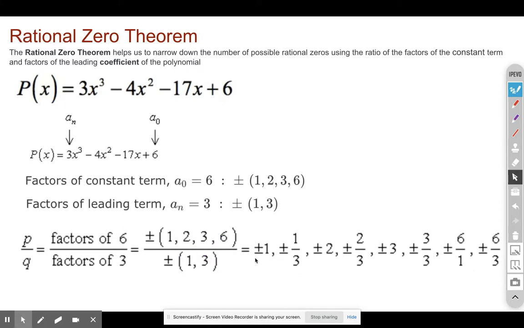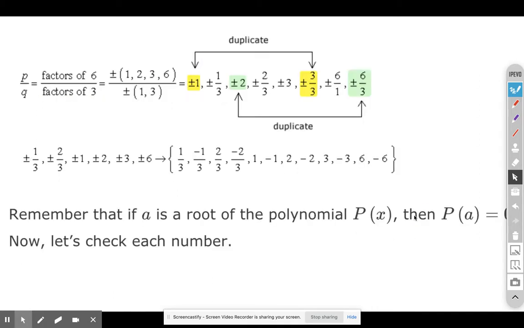So let's list all of them. 1, 2, 3, 4, 5, 6, 7, 8. And then since they're plus or minus, that's a total of 16. But we're going to get rid of some of the duplicates. For instance, plus or minus 3 over 3 is also 1, so we can get rid of that one. Plus or minus 2 is the same thing as plus or minus 6 over 3, so we can get rid of that one.